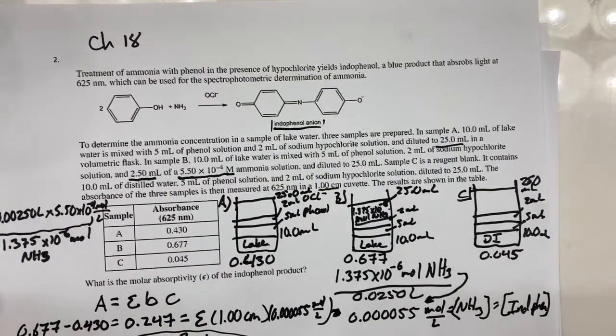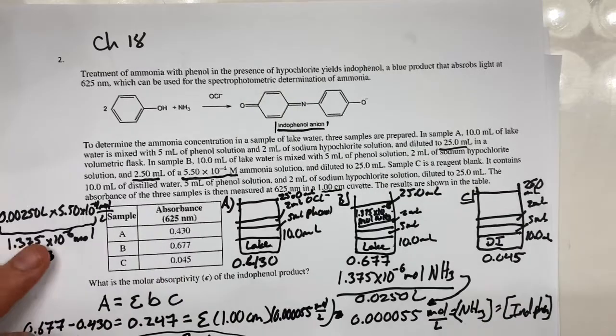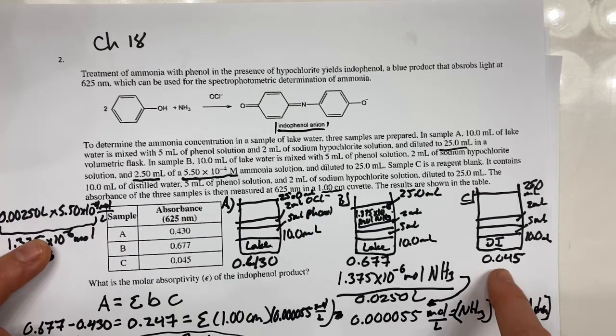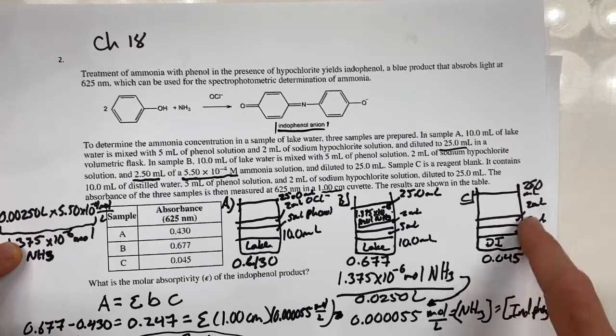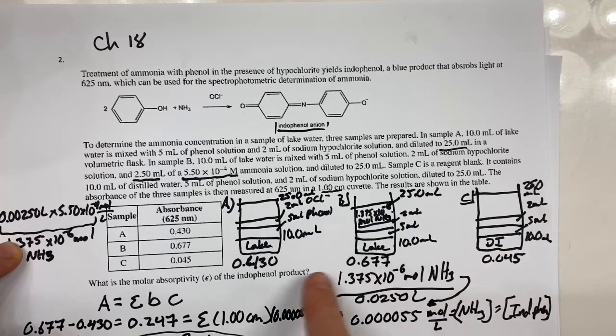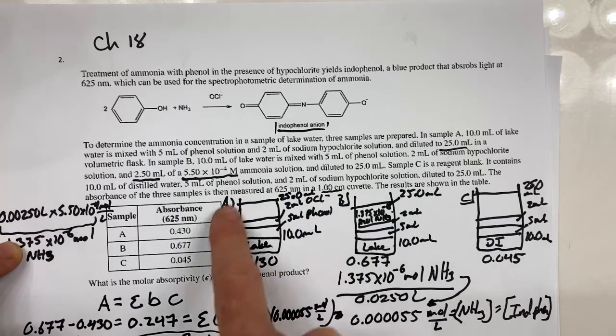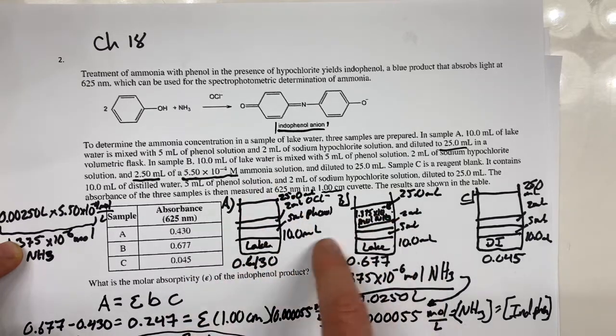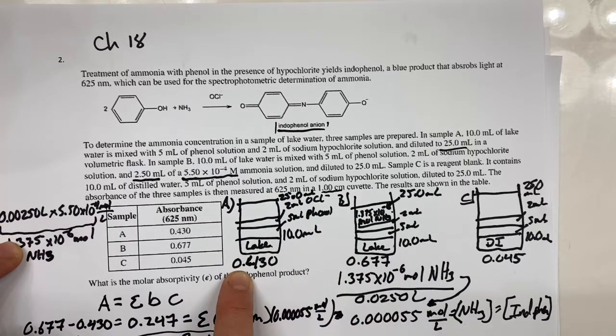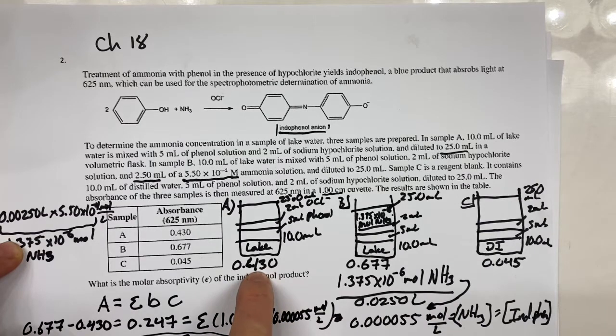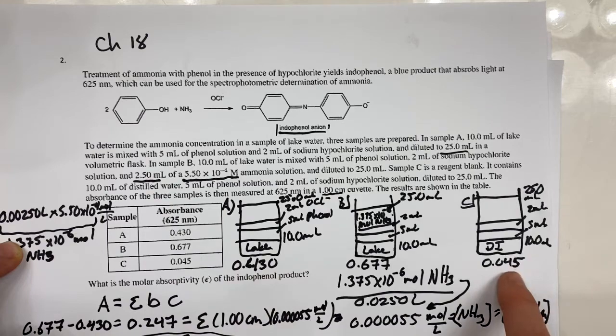If we go back over here, remember, we know that this blank right here is 0.045, and this has no ammonia in it at all. Yet this one is 0.430, even though this doesn't have any of the added ammonia. So what that means is we can actually figure out how much ammonia there is based on this one right here, as soon as we subtract out the extra noise that's coming from this guy right here.